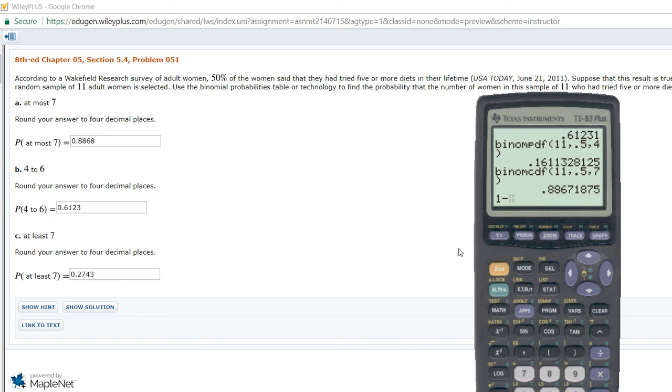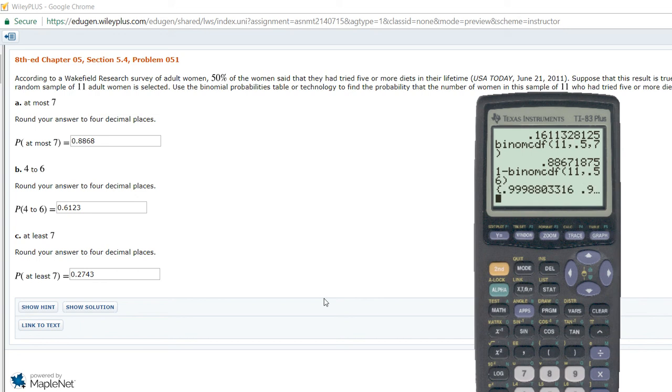You could also just add those together, I guess. Go second distribution, go up to binomial CDF, and this would be 11, 0.5, and since you're adding 7, 8, 9, and 10, you're going to do 6 here because it's 1 less. So it's 1 minus the addition of all of these up to 6.